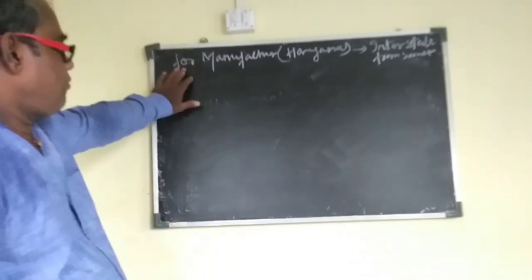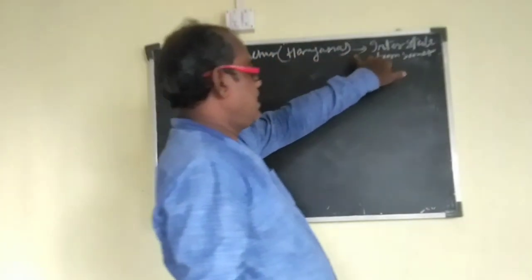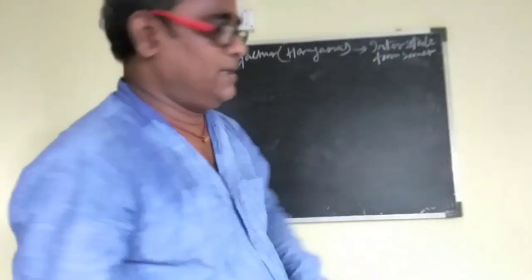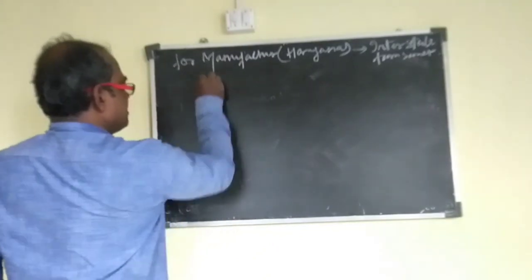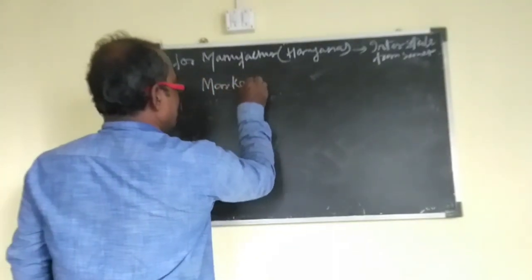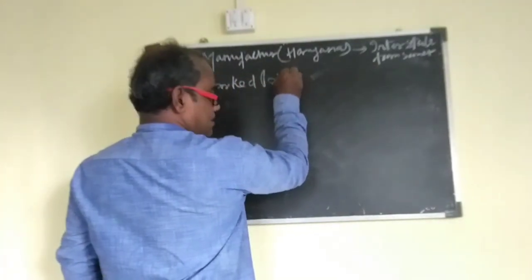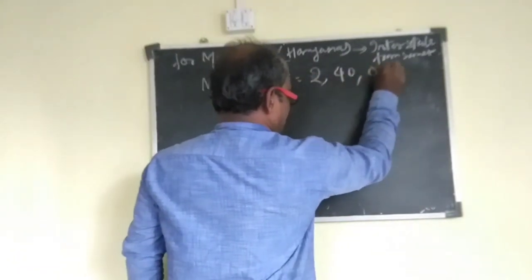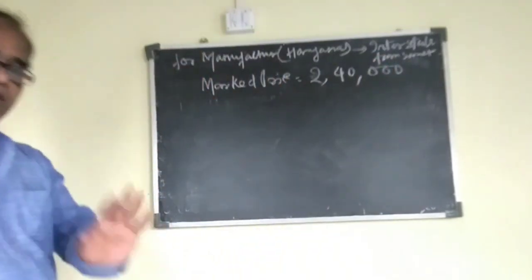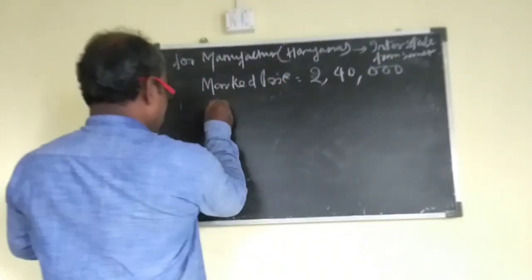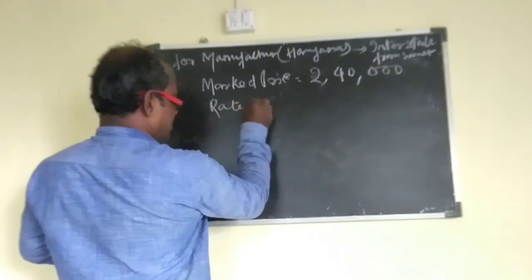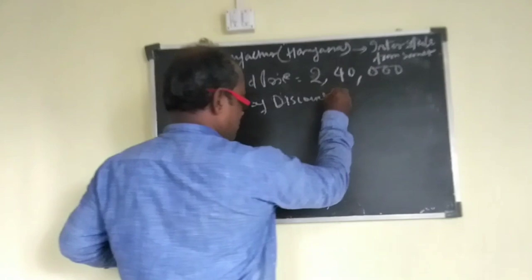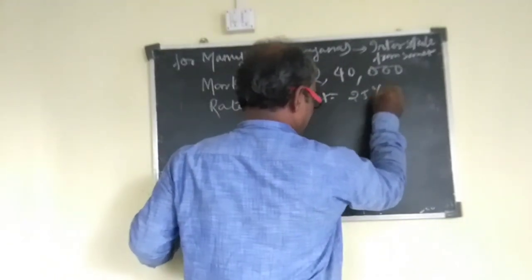Now solution. For manufacturer company Haryana, he does interstate transaction to a dealer who resides in Delhi. So his marked price is equal to 2,40,000. He gives rate of discount is equal to 25%.